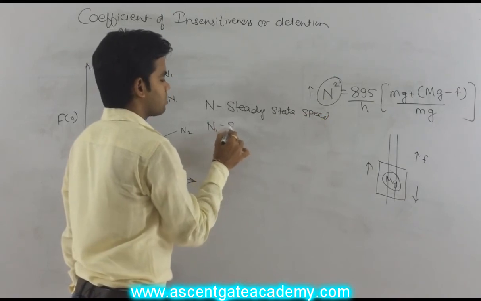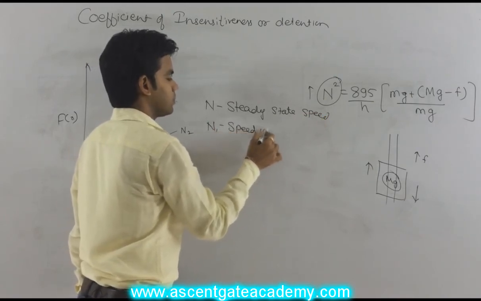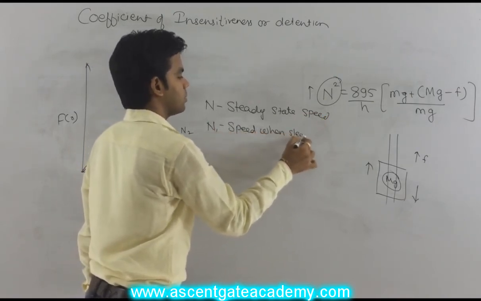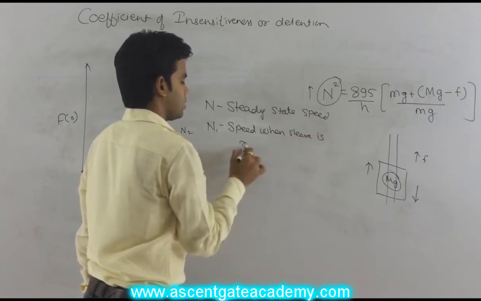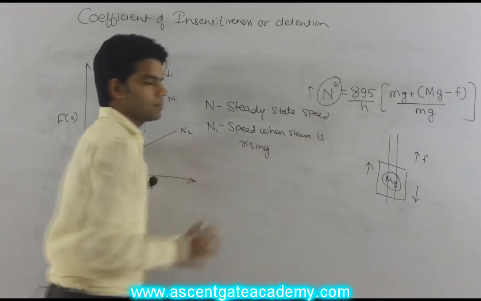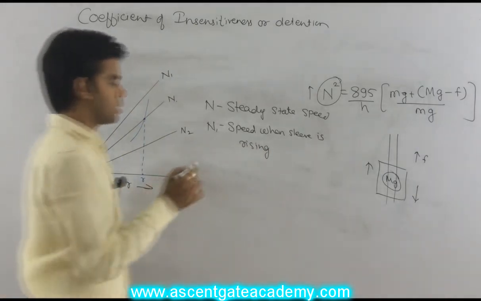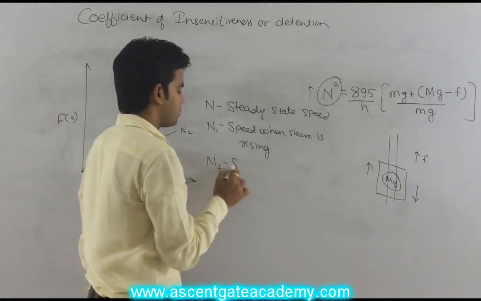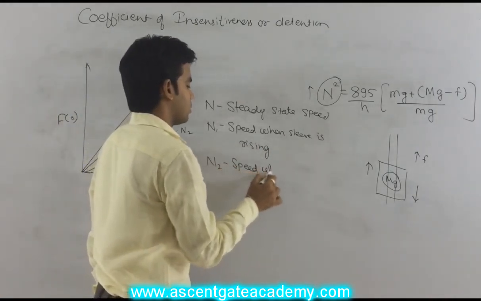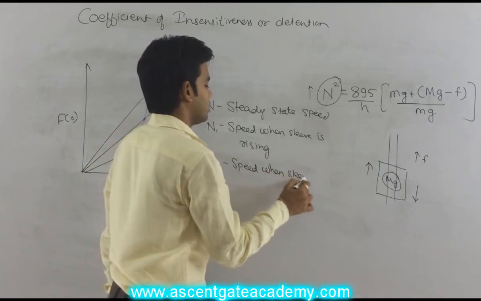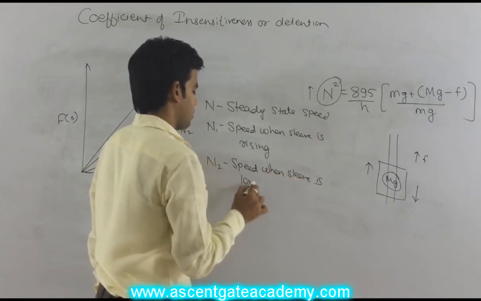Okay, so n is the steady state speed, n1 is the speed when the sleeve is rising or moving upward, n2 is the speed when the sleeve is lowering.